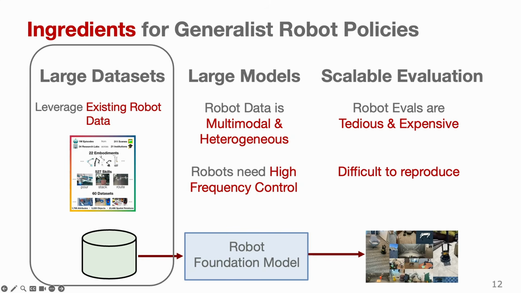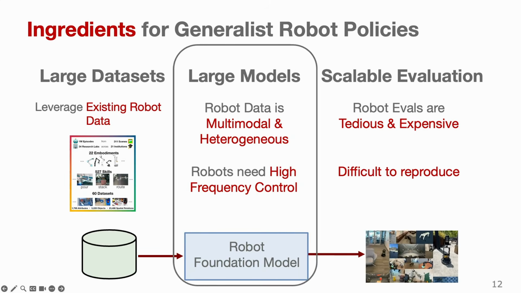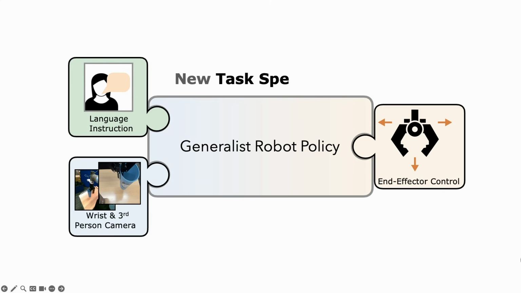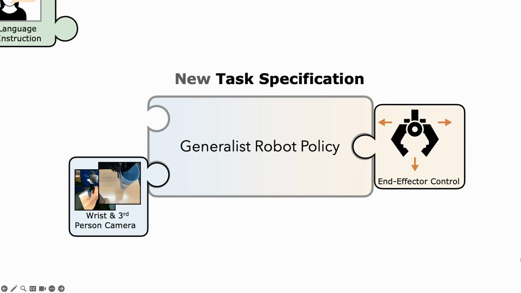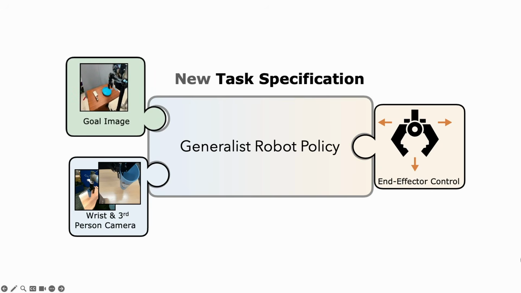Okay. So I have talked about where we can, for example, get the data to train generalist robot policies. And now the second question is, how can we model this data? What can we do with this data? Because, of course, this is easier said than done, right? As I already mentioned a few slides ago, robots are very, very heterogeneous.